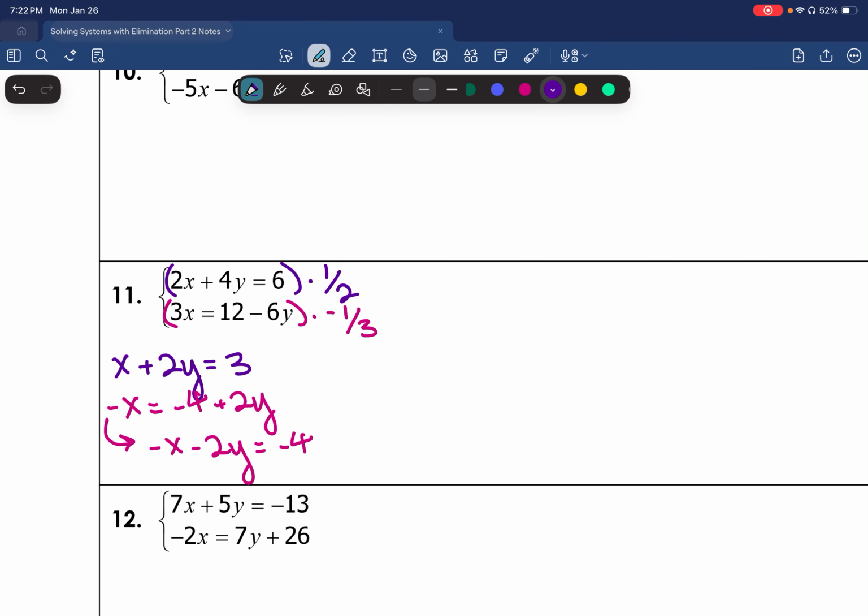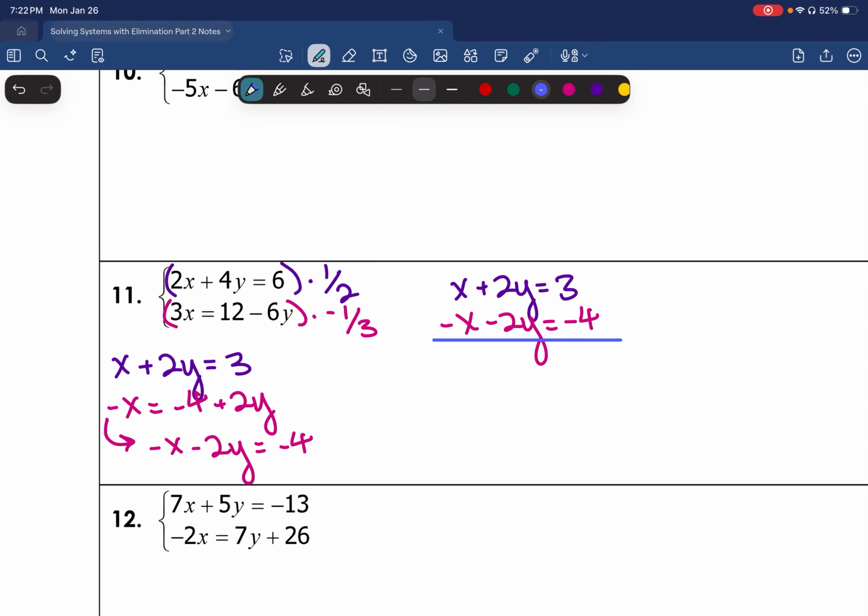So when I line them up, I have x plus 2y equals 3, and -x minus 2y equals -4.